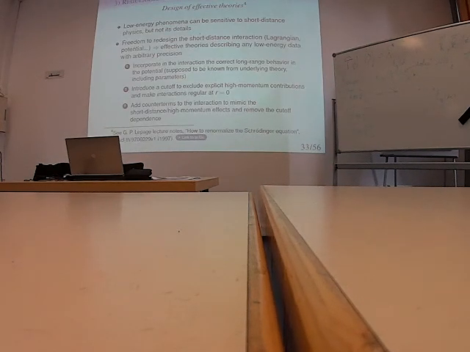Okay? Now we need to design effective theories, complete ones. We throw away completely the quark degrees of freedom, gluons, and so on, and we replace them with pions. There is a price to pay. We have remaining parameters which are supposed to account for the very, very short range interaction.